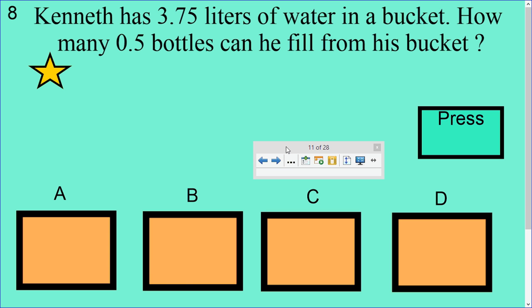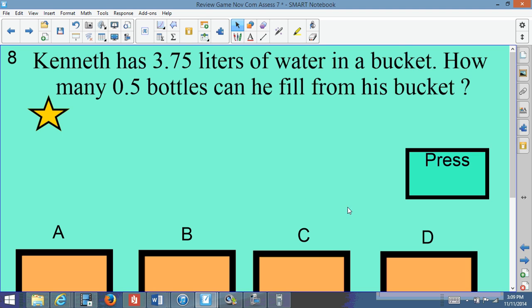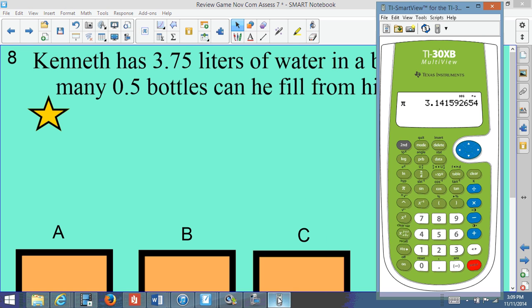So let us see. We got this much water in a bucket, and we want to fill up these half-liter bottles. So I'm going to get my calculator, because I'm going to be dividing up what I have, all this water I have, which is 3.75, and I'm going to divide that up by half liters, or 0.5.